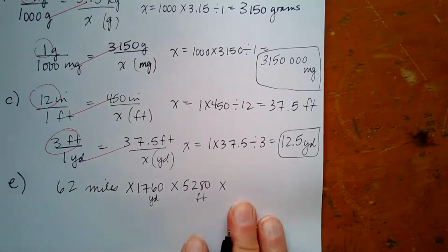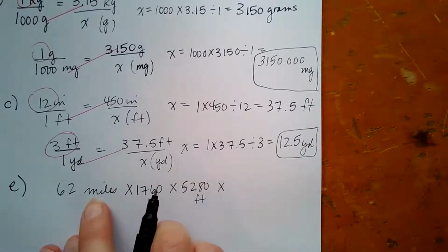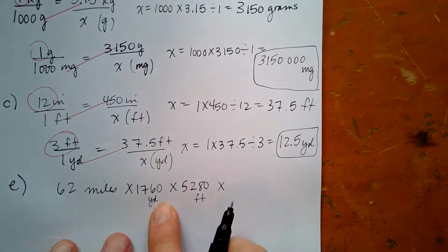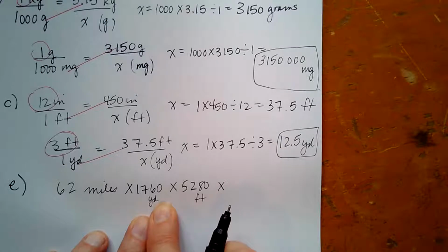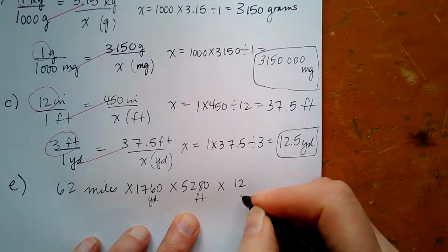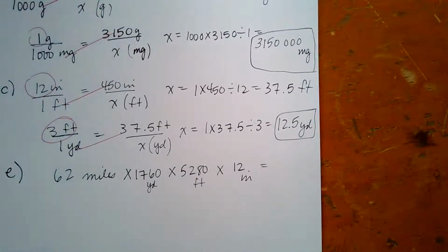3, or for miles to inches, sorry. So 62 miles gives me that many yards, gives me that many feet, and I know that inside each one of these feet is inches. So doing it the quick way should get me the number of inches from the Earth's surface to space.